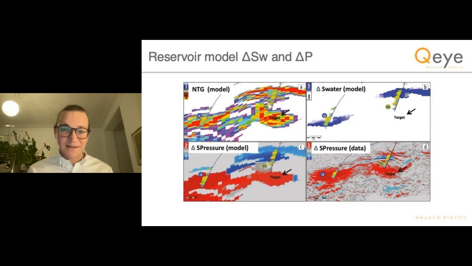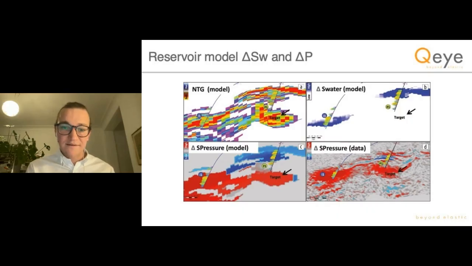And what that looks like in reservoir properties is, on the top left, we have the net to gross model. So basically where we have our sands. On the upper right hand, we have change in water saturation. So this is where we're actually performing our injection.